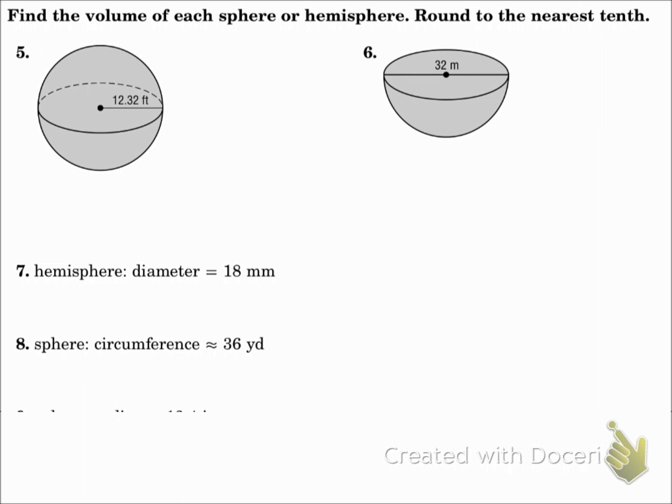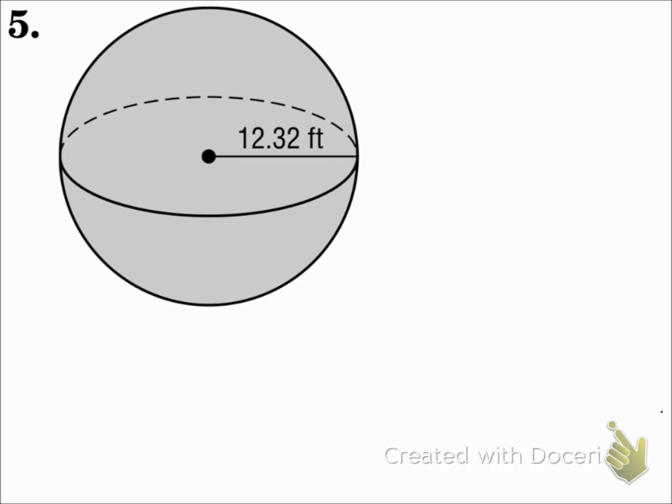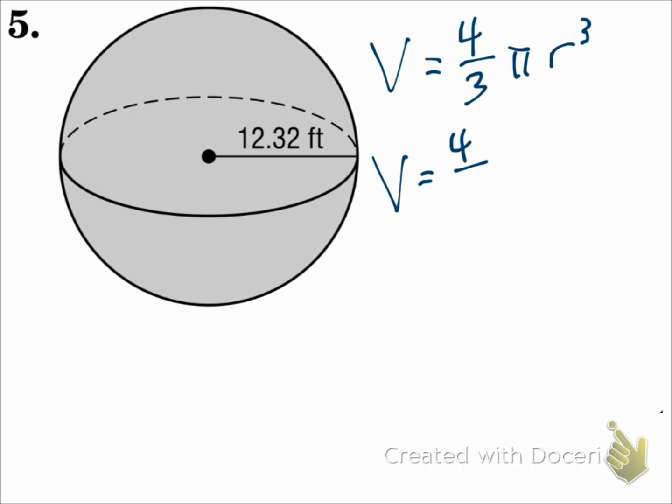Find the volume of each sphere or hemisphere, round to the nearest tenth. For the sphere, volume equals 4/3 pi r cubed. The radius is 12.32 feet, so we'll substitute 12.32 for r.